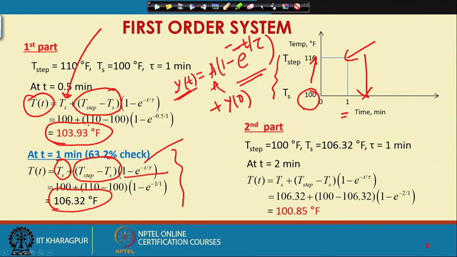You remember we talked about 63.2%, that when the thermometer or a first order instrument is given a step input, at time t equal to 1 time constant, 63.2% of the final response is achieved.